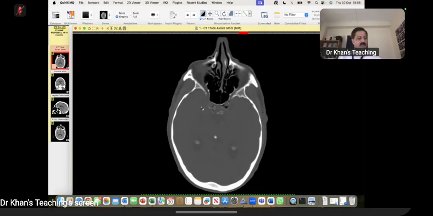In my experience, I have picked up quite a few, one of them with incidental venous gas, particularly in the cavernous sinus. So the mechanism is very interesting.